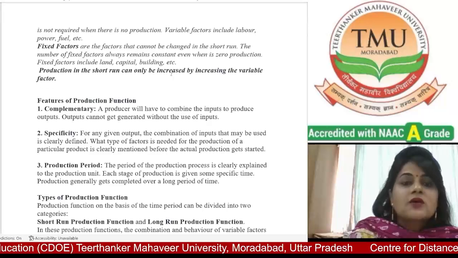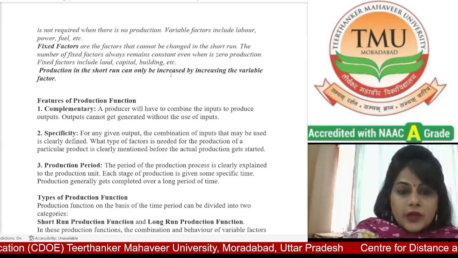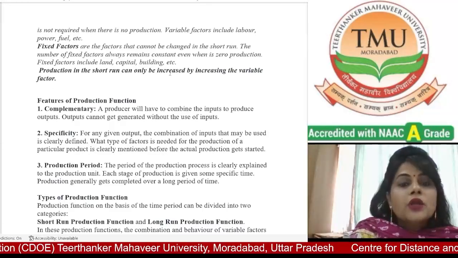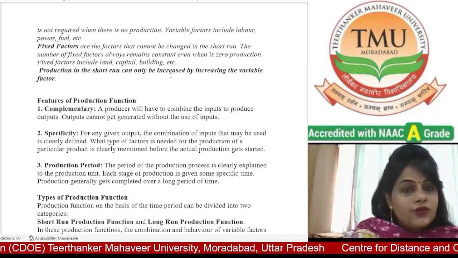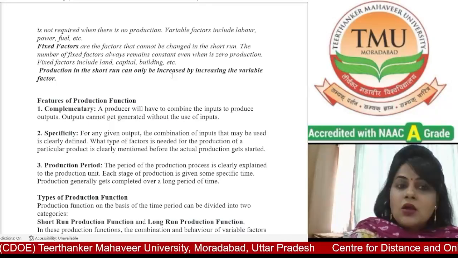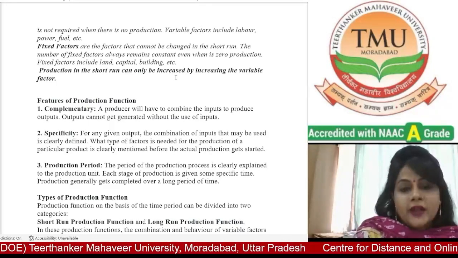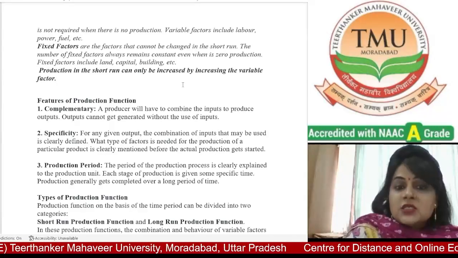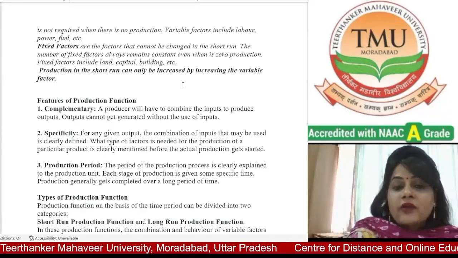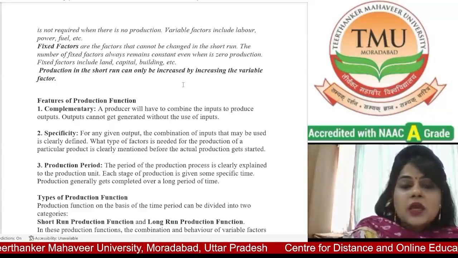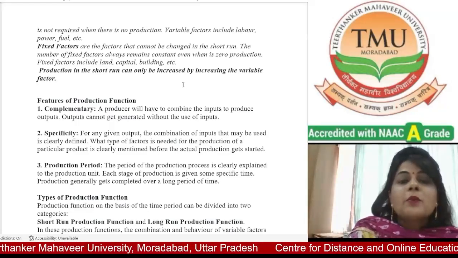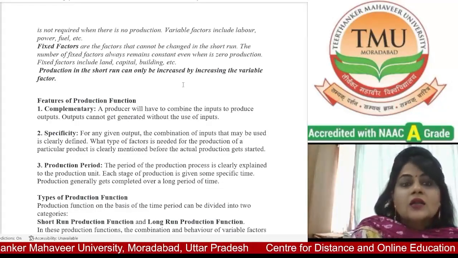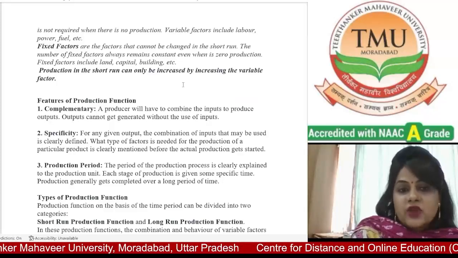In other words, as a firm increases or decreases its output in the short run, fixed factors remain constant. They are independent of output in the short run, as machines, factory buildings, plants, and permanent employees, etc., are examples of the fixed factor.